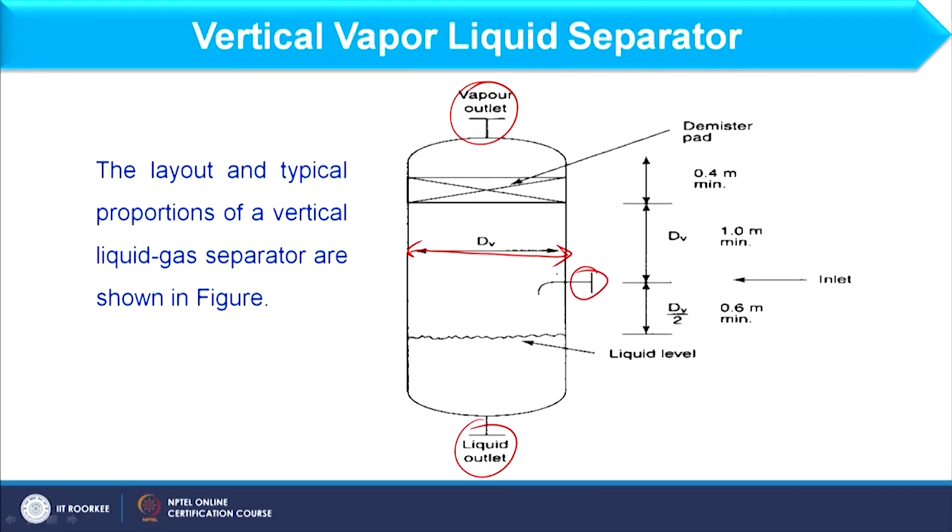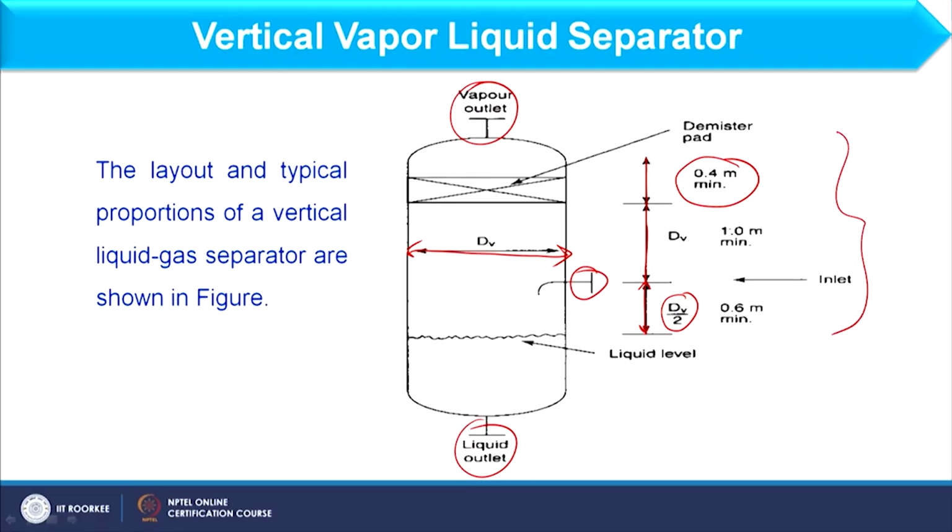The distance between the feed inlet and the demister pad is dV, and above that we can consider 0.4 meter minimum as the height, and the distance between the liquid level and the feed inlet is dV by 2.